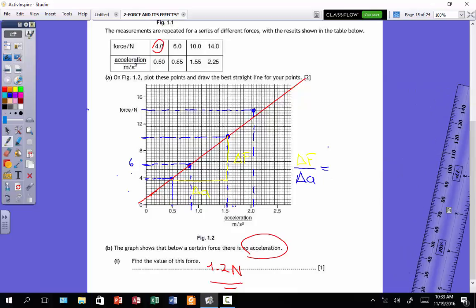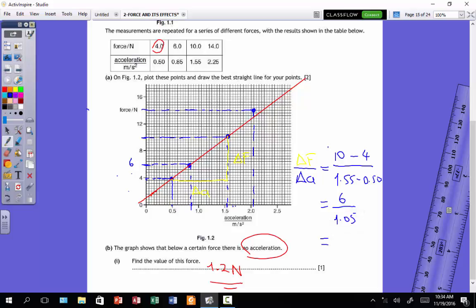What is the delta F? The first point was actually 10. 10 minus 4 over the acceleration 1.55 minus 0.50. When we do the calculation, 6 over 1.05.